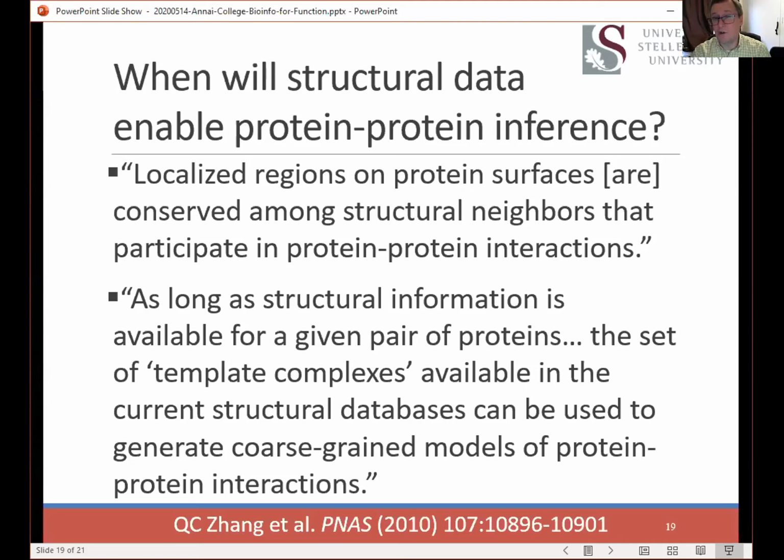Do we have a structure for every protein in yeast? Not even close. Not even close. So starting with the fact that you have to have a structure available in order to determine whether an interaction is likely for a pair of genes is not frequently a requirement that we can meet. But it is becoming possible, if you have large numbers of structures to work from, to begin inferring these patterns of interaction.